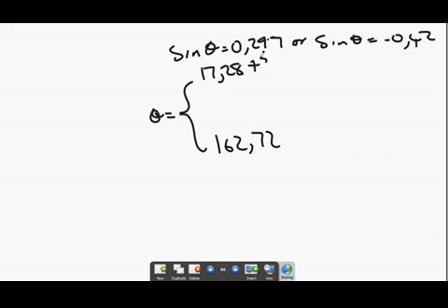This is plus 360k, where k is an element of integers.